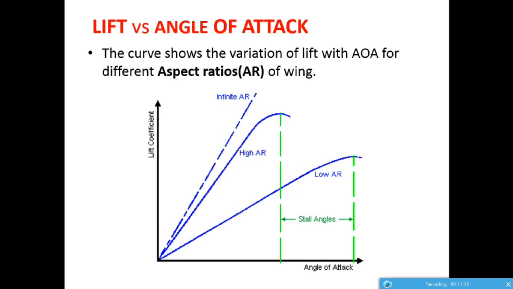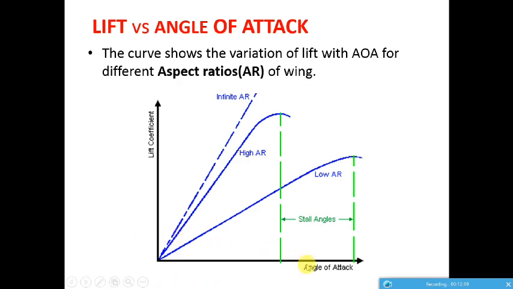Angle of attack is nothing but the angle between the horizontal line and the chord of the aircraft. If the leading edge of the aircraft is raised by a small angle compared to the horizontal line, then the aircraft is said to have a positive angle of attack.